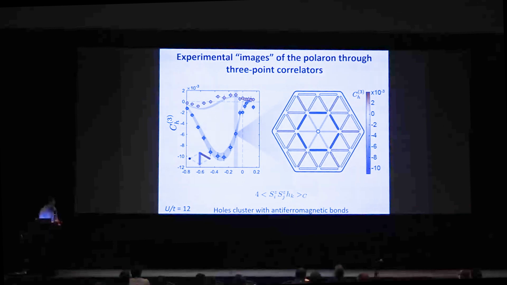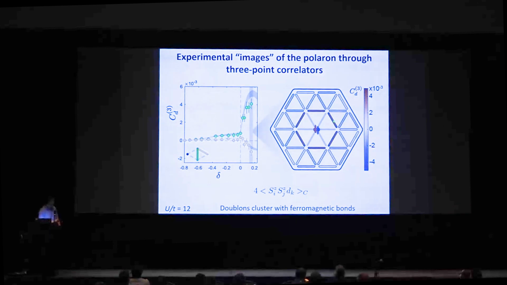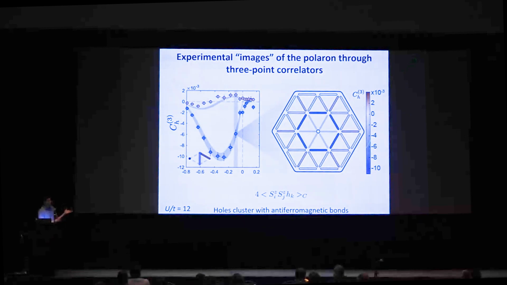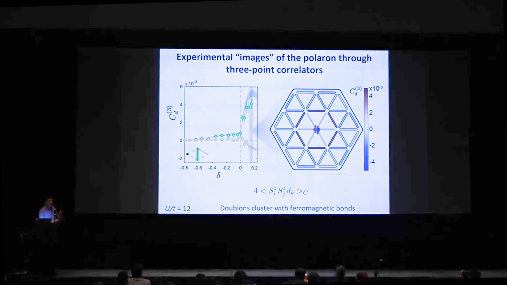In contrast, around the doublon, we indeed find this ferromagnetic correlation. So this is what's called a Harris-Shastry polaron, after the names of the people who first discussed this in ferromagnetism. This is more in line with the Nagaoka ferromagnetism that was studied back in the 60s on square lattices by Nagaoka, and here we're seeing a more robust version of it that appears in the triangular lattice.